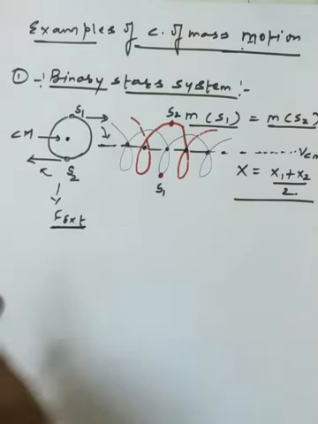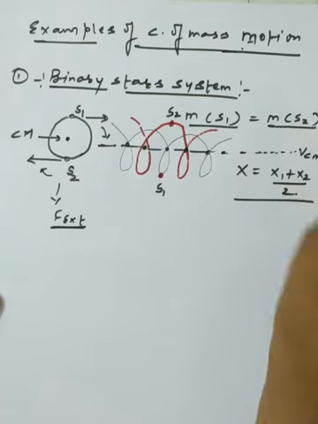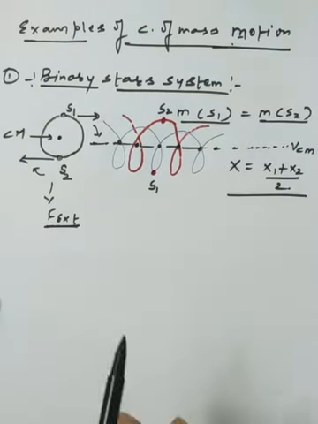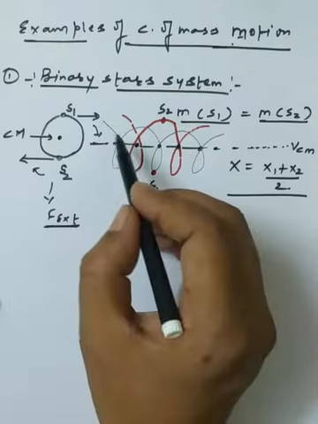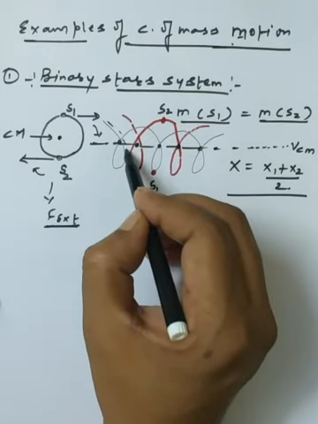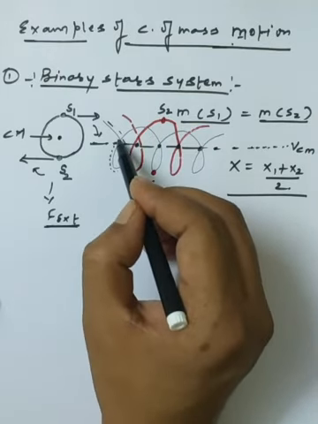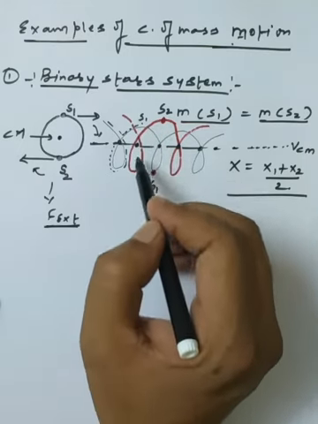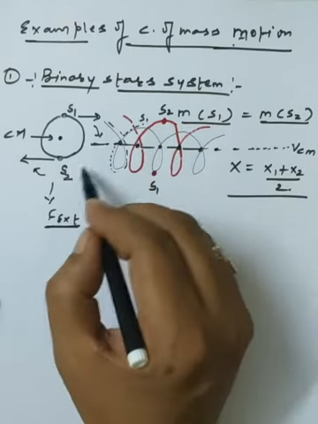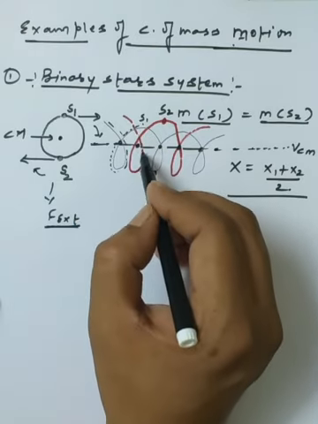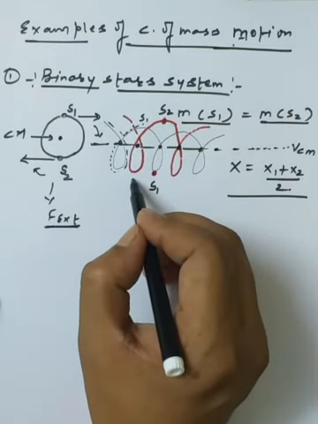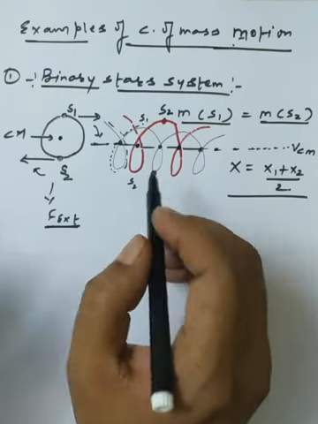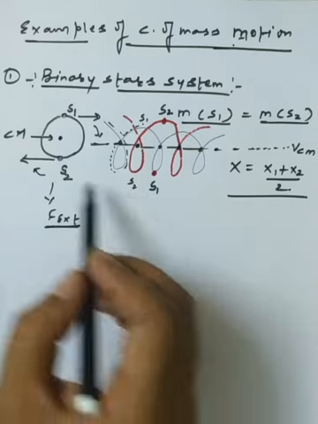We should assume some basic notation here. This is the movement of S1, and whenever it comes to this position, that is S1. At this time the movement of S2, which I have shown by the red line, is opposite to it.